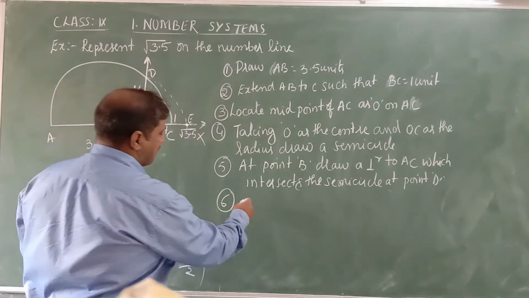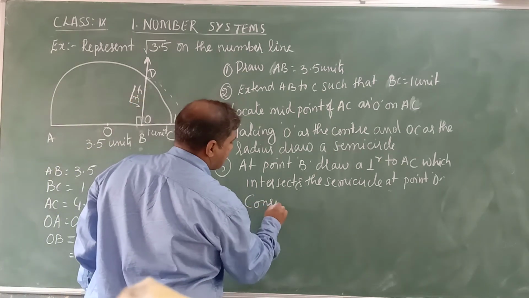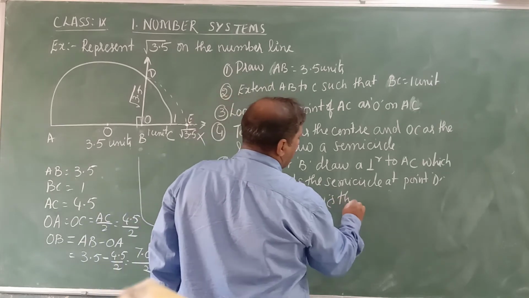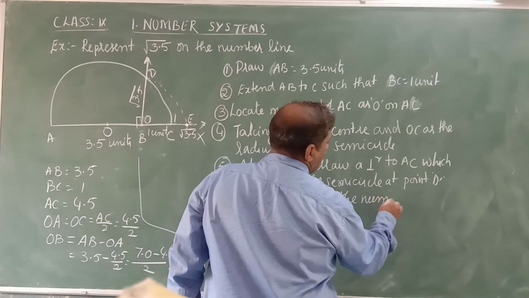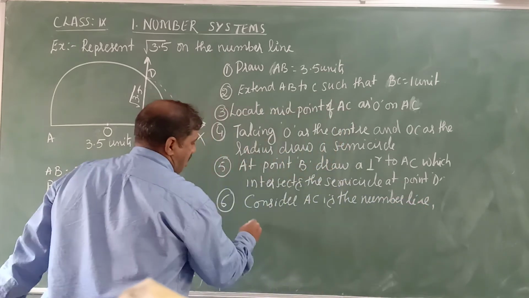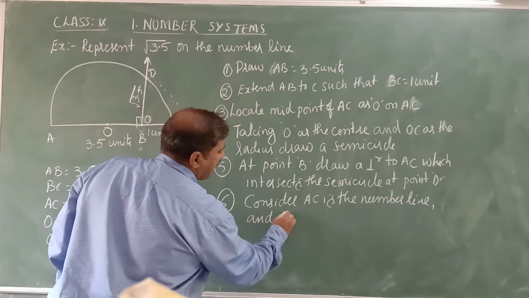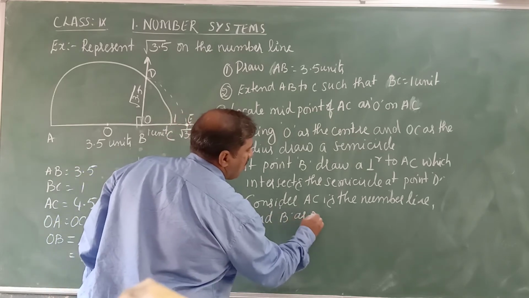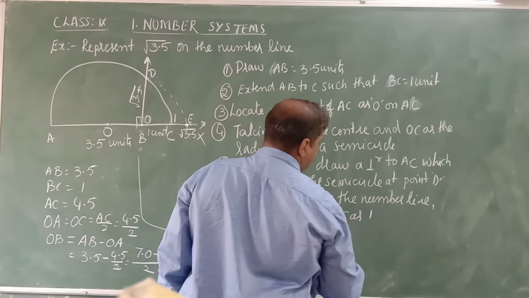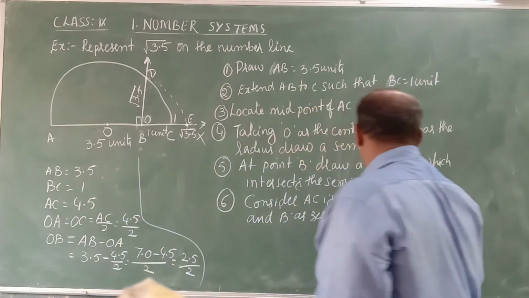So the sixth point: consider AC is the number line, and B as 0, C as 1.